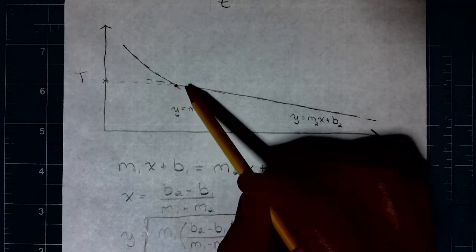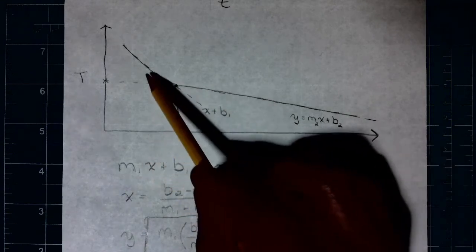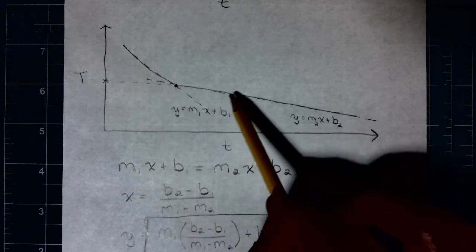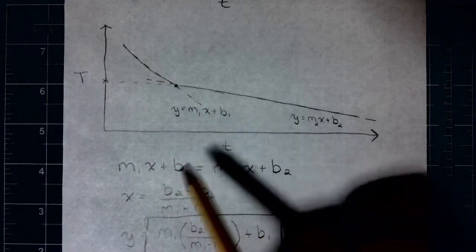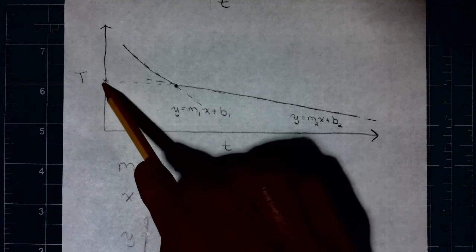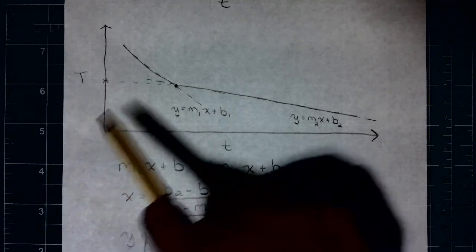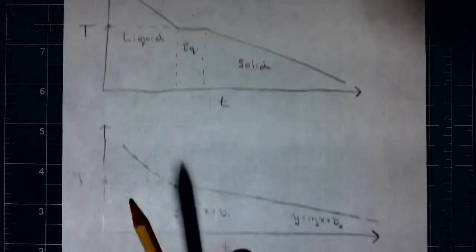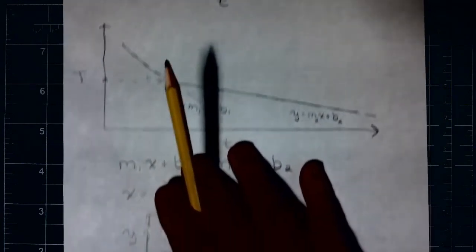Instead, it just changes slope before and after, because the rate at which the liquid would be cooling is different than the rate at which the solid would be cooling. Here we have the inflection point where they join, and if I trace that over, that's going to be our freezing temperature. Now, if we did this slowly and carefully enough, we would get the plateau, but that's often just a little too difficult to reproduce in the lab.